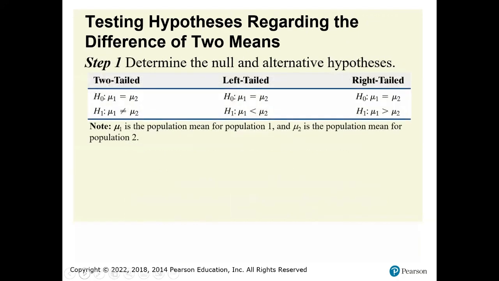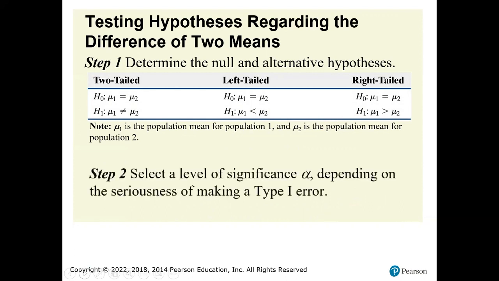So once we've done that, we can move on to setting up our hypotheses. When we set up our hypotheses here for independent means, we write them as mu1 and mu2. The null hypothesis is that they're equal, and the alternate is not equal to, less than, or greater than.